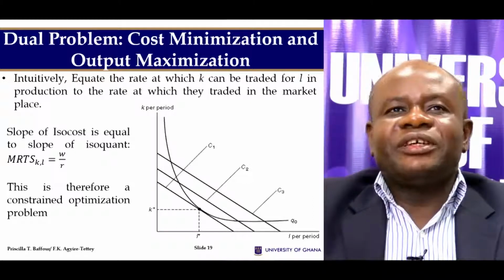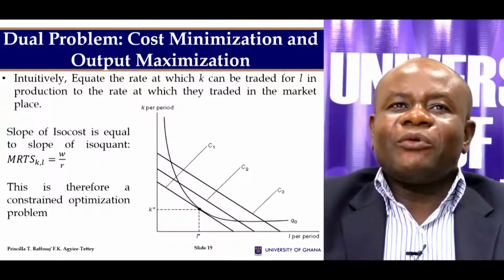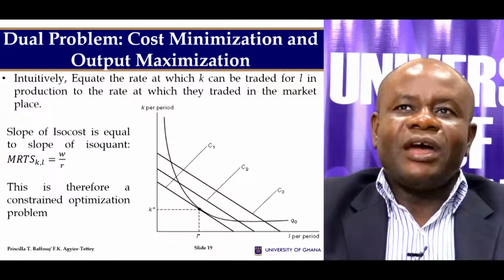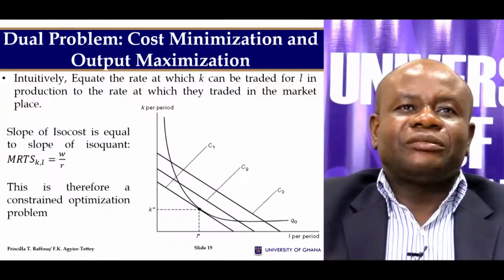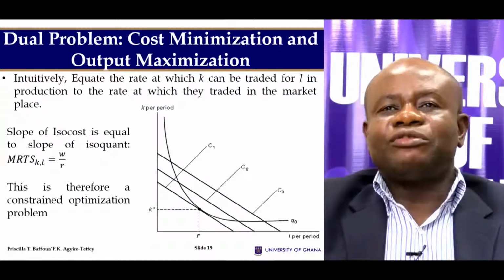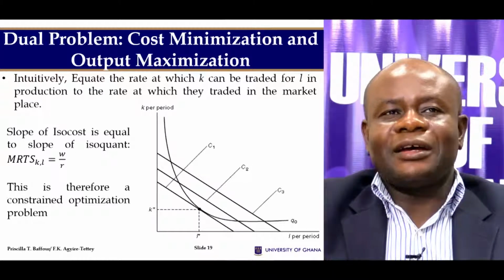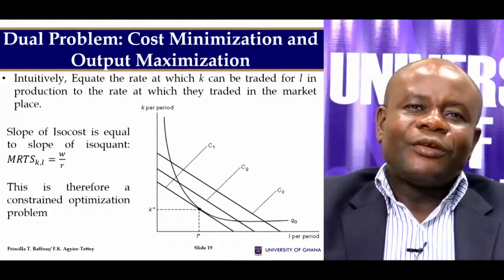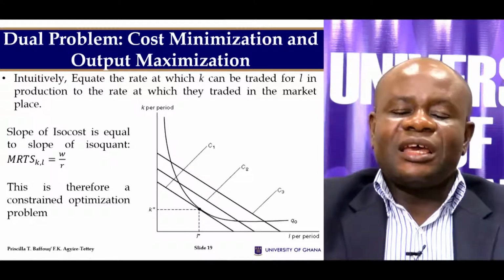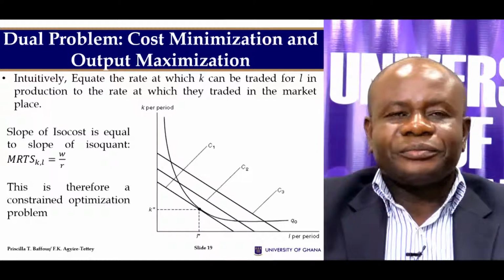So intuitively, the firm will have to equate the rate at which K can be traded for L in production to the rate at which the firm trades in the market for labor and capital. Now, remember, we've seen the isoquant, and we saw that the isoquant bends towards the origin. Okay.